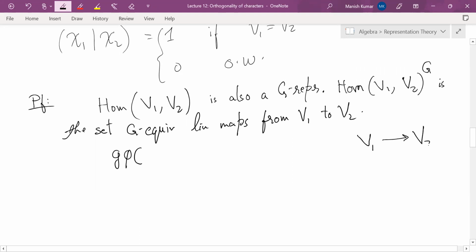V1 to V2 is phi, and V1 is G, and G phi is this guy, and V2 is here. So then it is easy to write down.